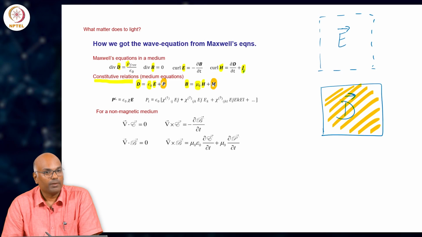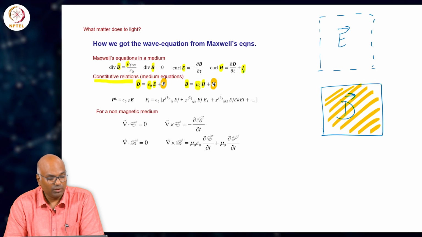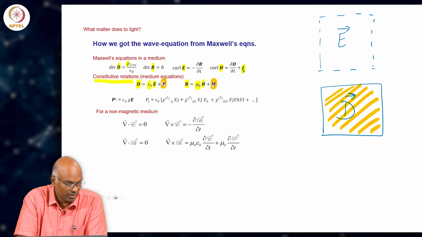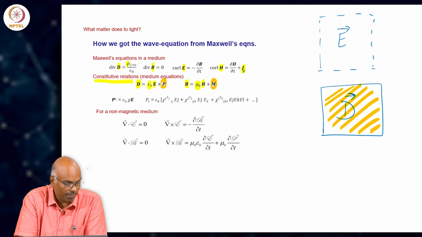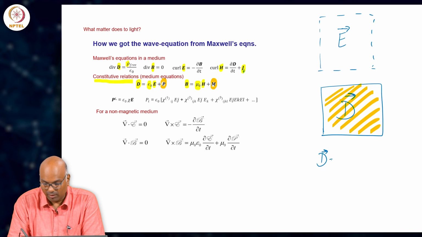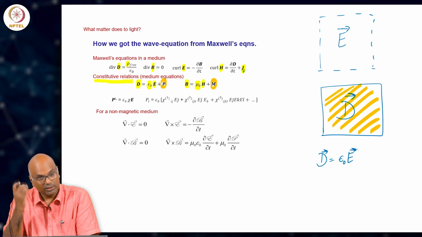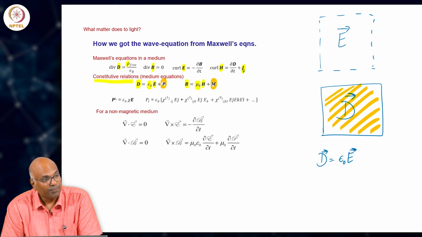Okay. Now, D, the material field in the constitutive relations, is essentially a field containing two quantities. This is how we view it.